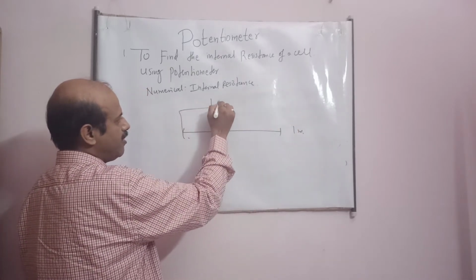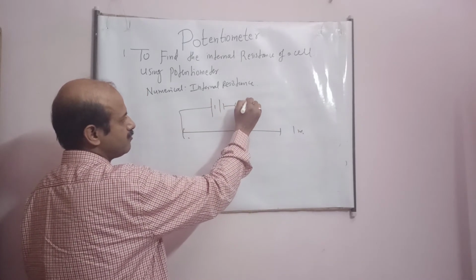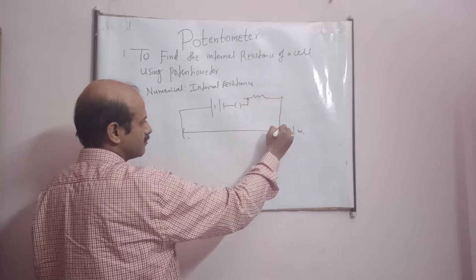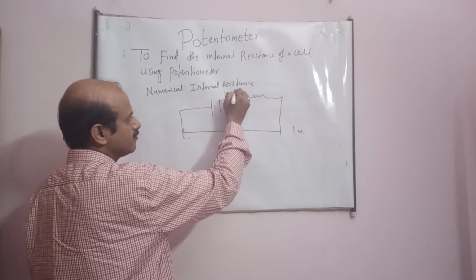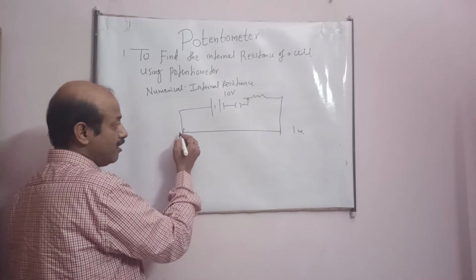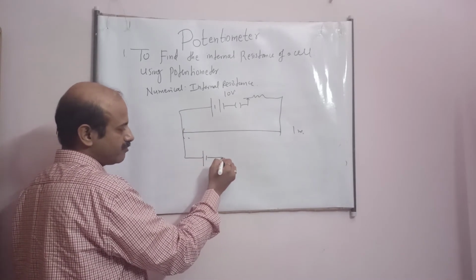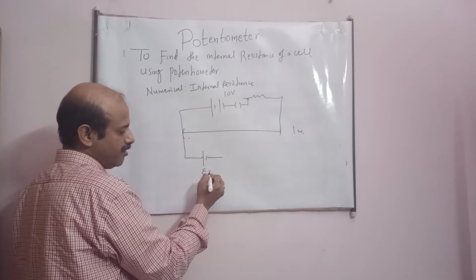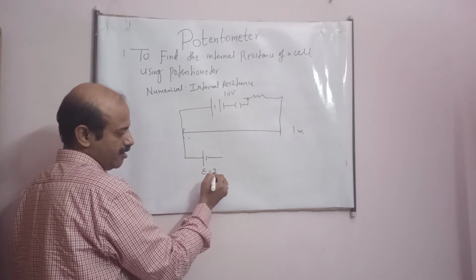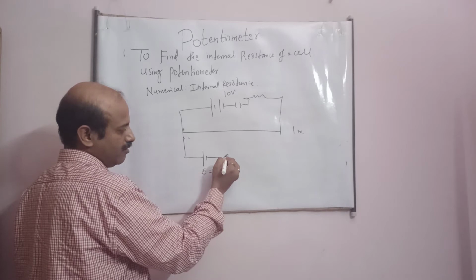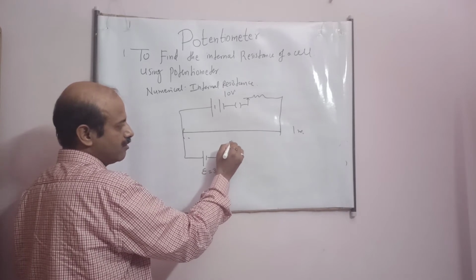Here I have connected a battery of 10 volt. Okay, student. Now here I have connected a cell whose EMF is 30 volt. Here galvanometer and here jockey.